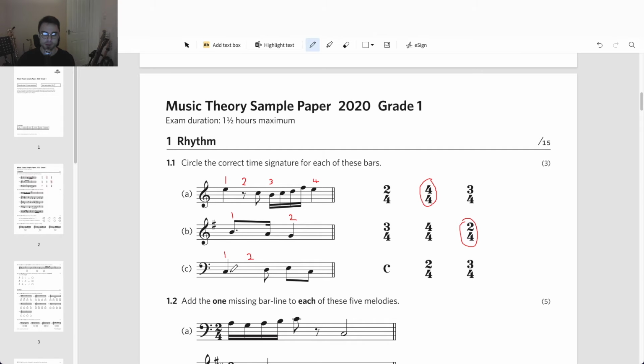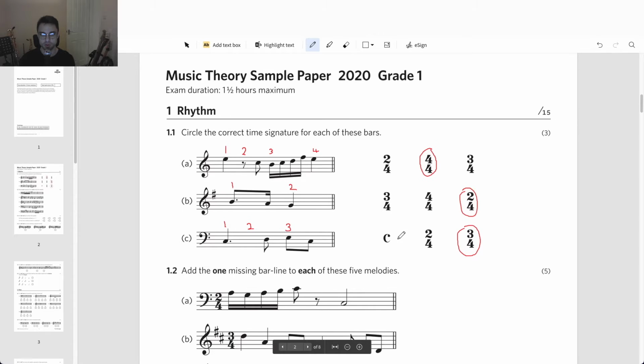The half a beat that's added on, plus this one, equals our second crotchet of the bar. And then quaver, quaver equals a crotchet. So this is where our third beat's going to be. And the answer to this question is 3/4. There are 3 crotchets in this bar.